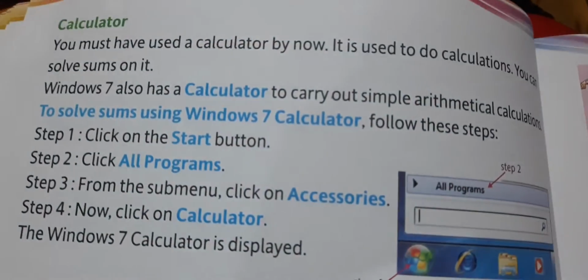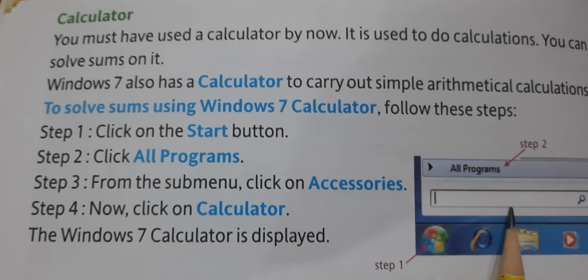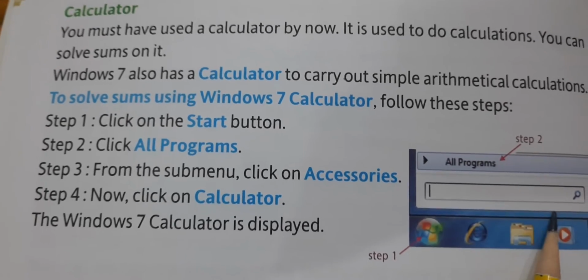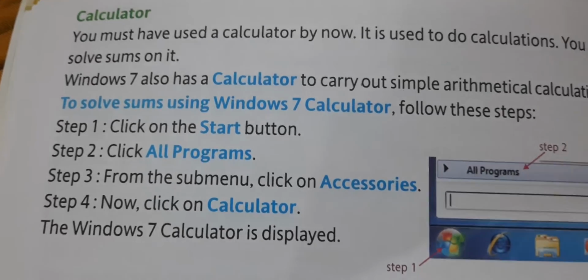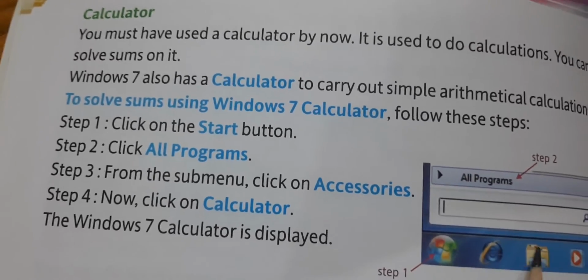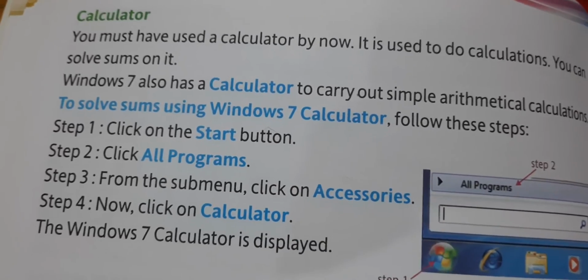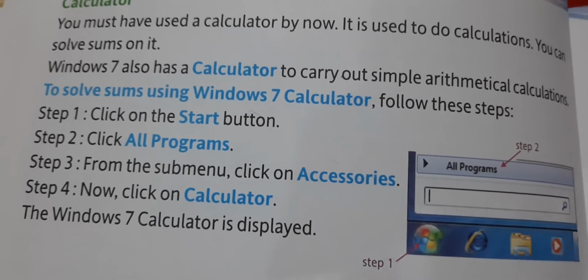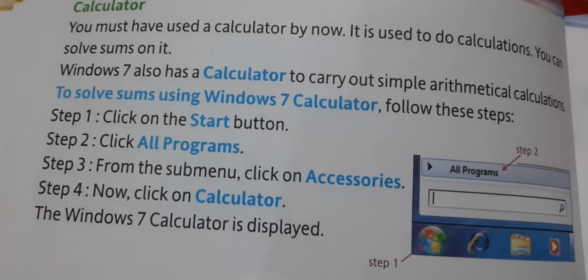You must have used a calculator by now. It is used to do calculations. You can solve sums on it. At home you must have seen calculators, or even on your parent's smartphone you can see the calculator. It is very easy to do calculations using a calculator. We use a calculator only for doing numerical calculations in which numbers are there.